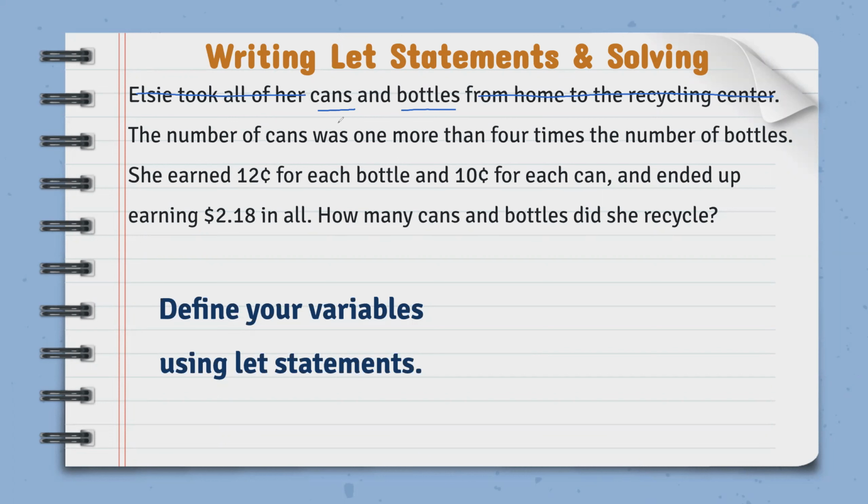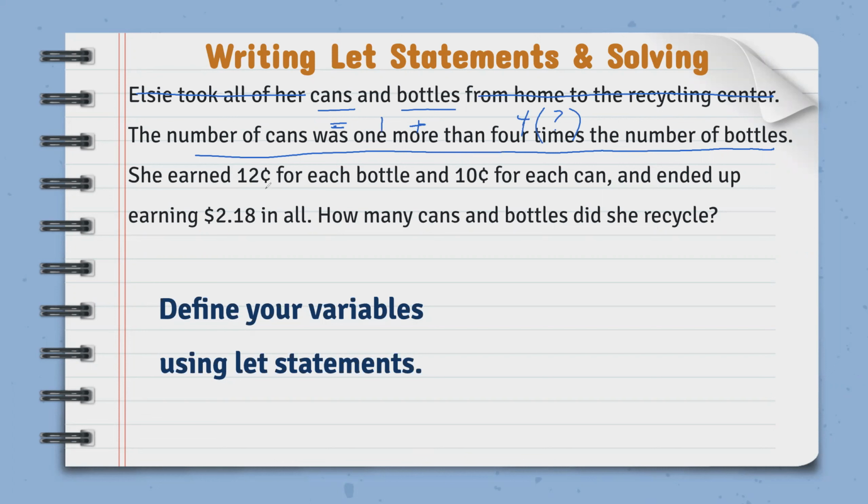So cans and bottles. The number of cans was 1 more than 4 times the number of bottles. That's really important. The number of cans was usually means like equals to, by the way, 1 more than 4 times the number of bottles, except we don't know what the number of bottles is.